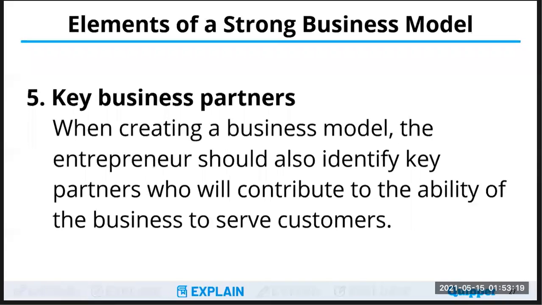So pwedeng yung mga waiter natin, yung mga waitress natin, yung mga service crew, yung mga janitor at janitress natin, yan, mga key business partners natin. And we should treat them as our partners, hindi lang basta empleyado lang. Kasi without them, hindi natin ma-achieve yung mga goals natin without our partners.